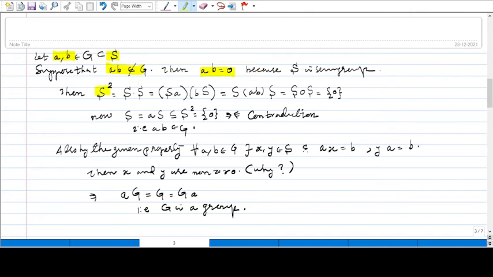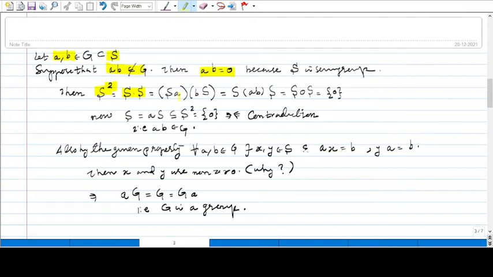Now we calculate S square. What is S square? S times S. The first S can be replaced by SA, because using the property in our hand, S equals SA. Why is it possible? A comes from G, A is from S difference 0.